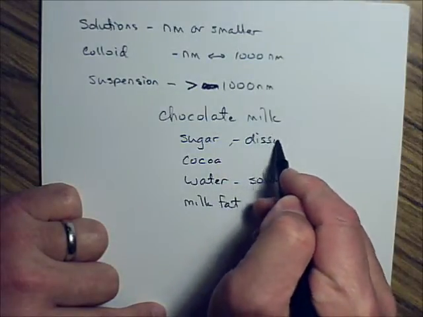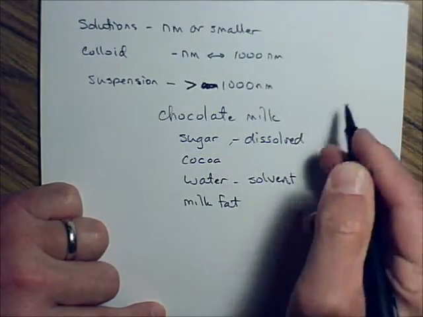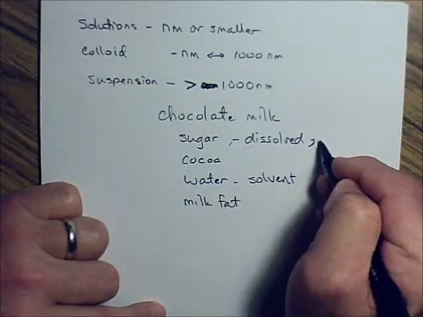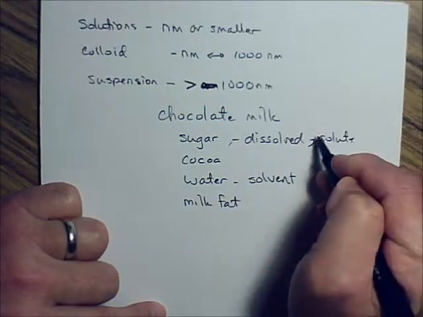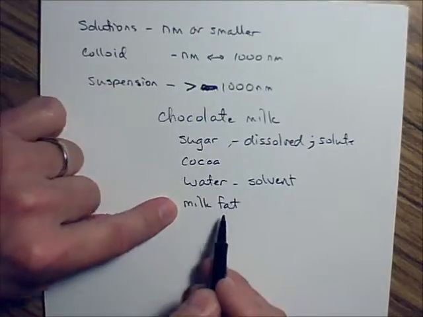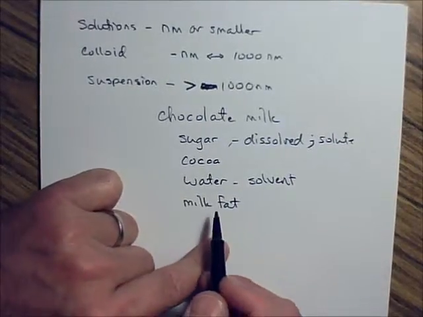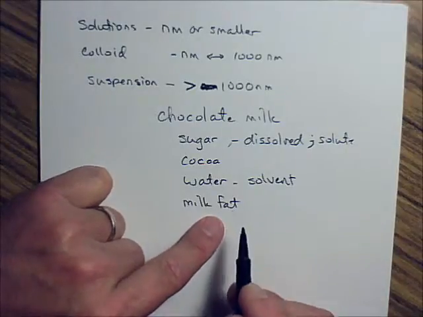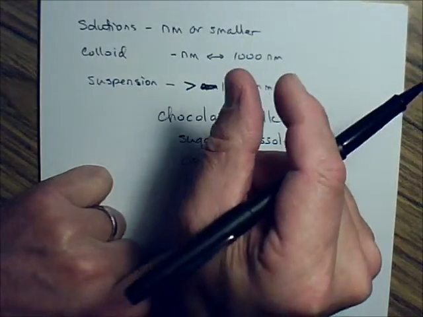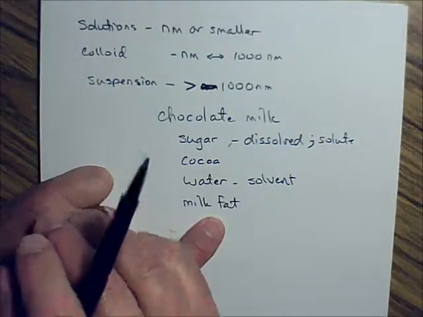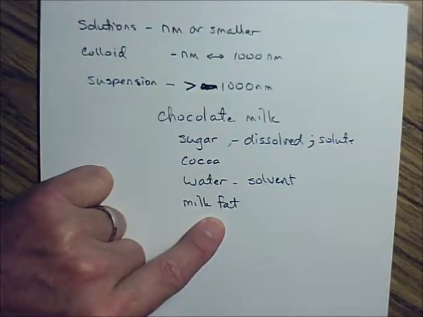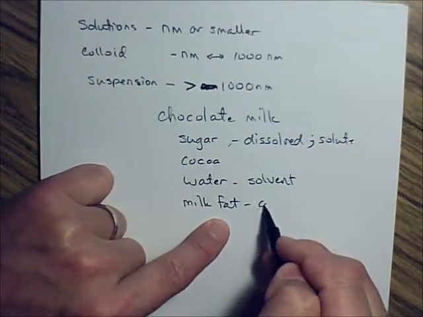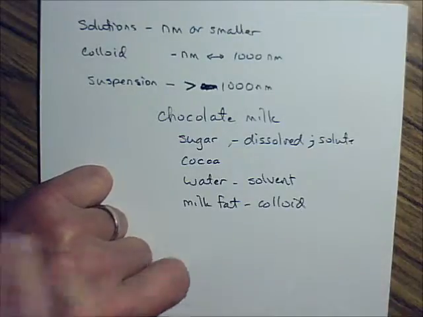That makes it a solute. What about the milk fat? It's not really dissolved. The milk fat particles are too big to be a true solution. This then makes a colloid.